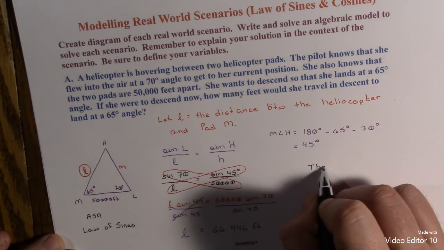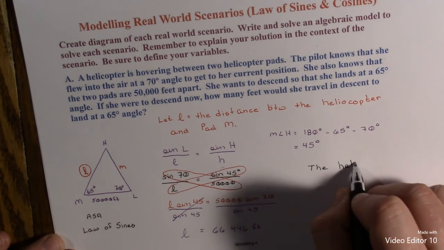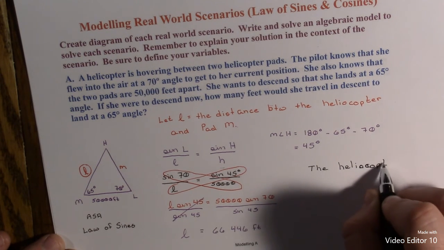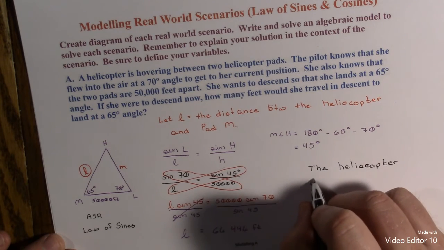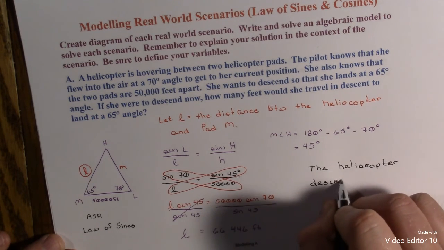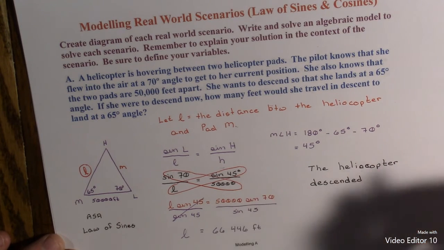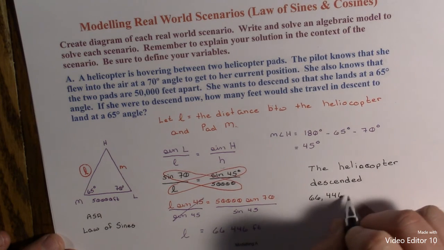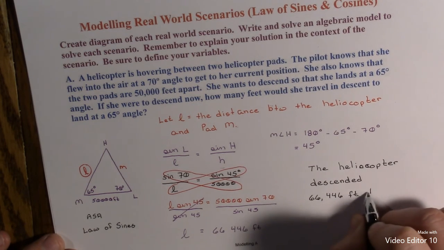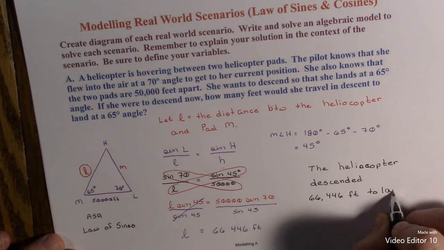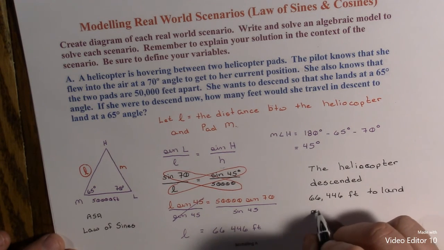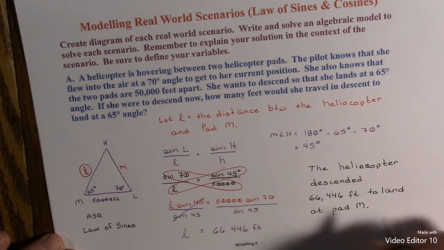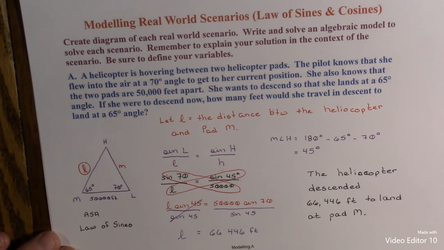So the helicopter descended 66,446 feet to land at Pad M. That, ladies and gentlemen, is our scenario A.